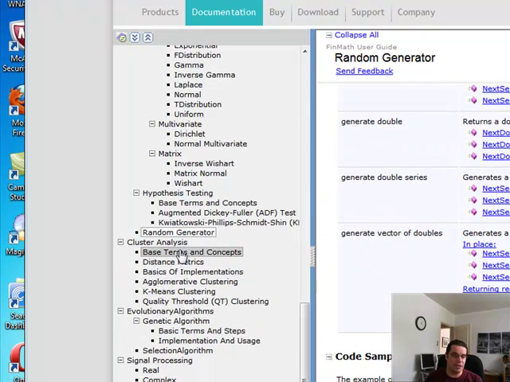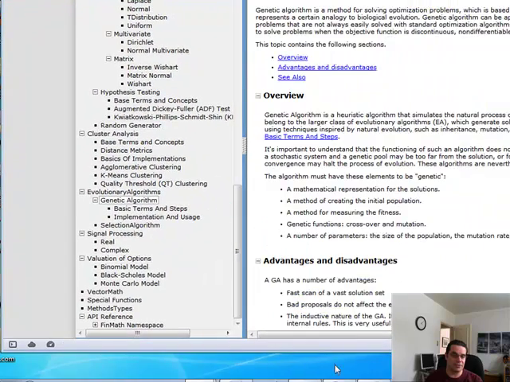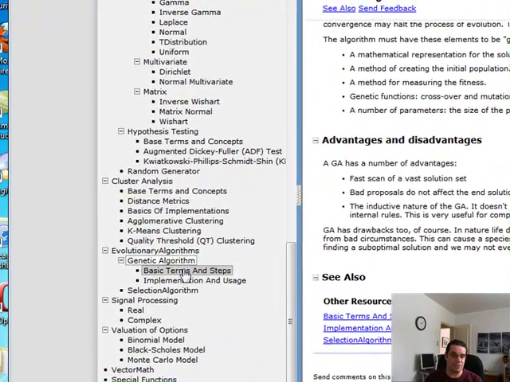Then we move into cluster analysis, k-means clustering. Again, this is part of the statistics toolbox. Evolutionary, the genetic algorithms, pretty standard stuff. I don't think they go too much into this.